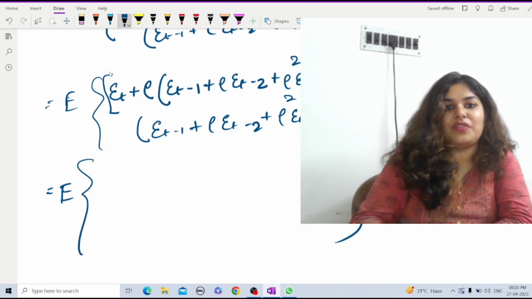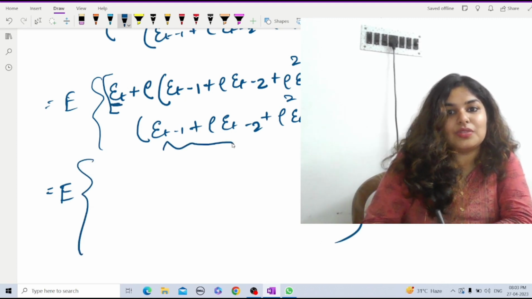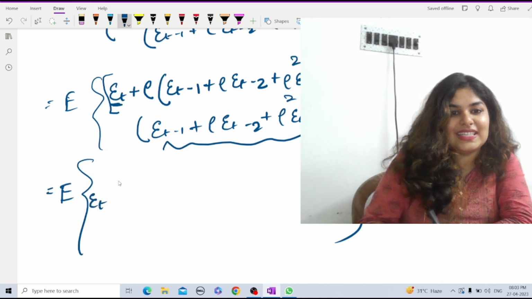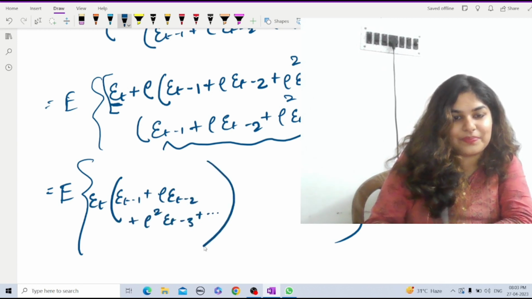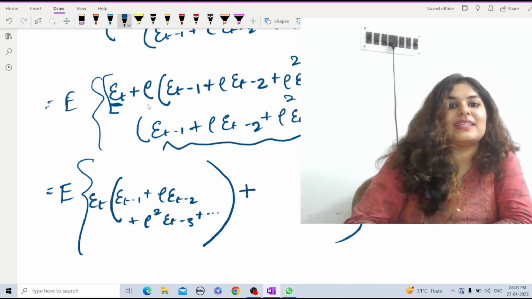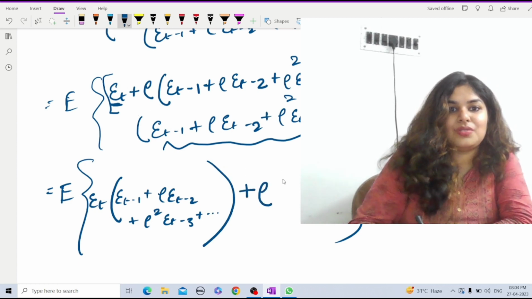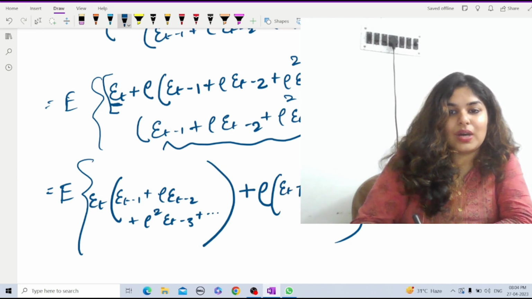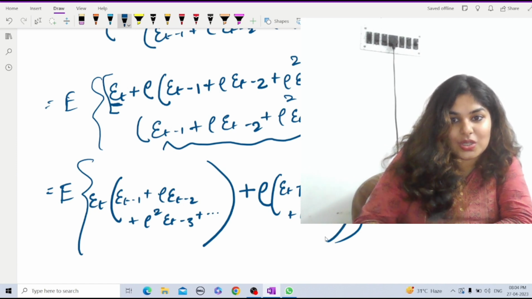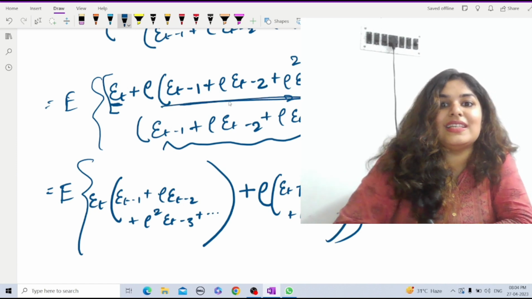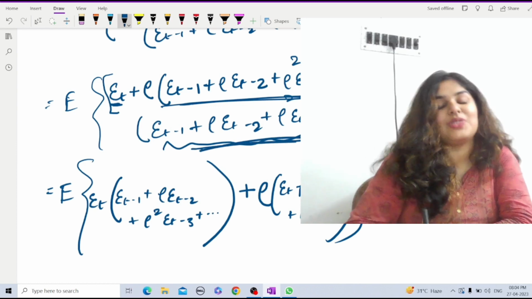After multiplication, what do we have? Epsilon t into epsilon t minus 1 plus rho epsilon t minus 2 plus rho square epsilon t minus 3 plus dot dot dot, plus rho into epsilon t minus 1 plus rho epsilon t minus 2 plus rho square epsilon t minus 3 plus dot dot dot whole square, because these two are the same, so when we multiply, this is a square.